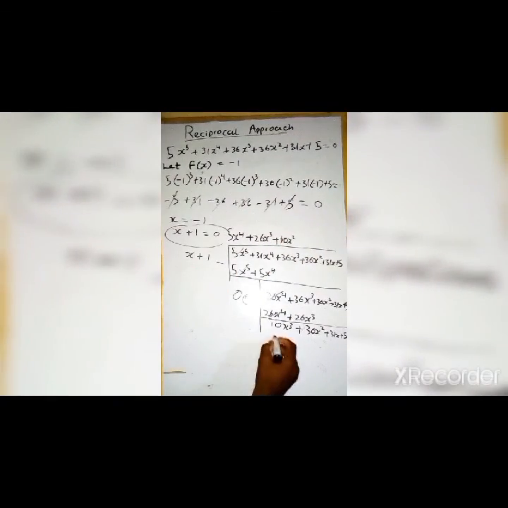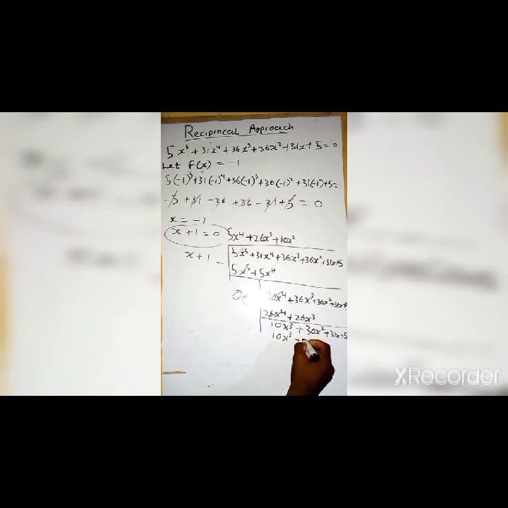And we divide again. x divided by this, we have 10x^2. So when we multiply, we have 10x^3 plus 10x^2. So by subtracting, this one will cancel this.